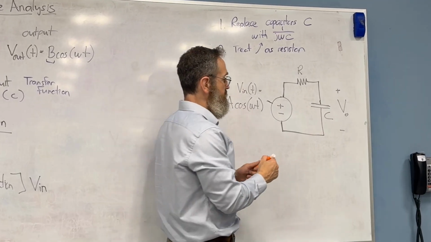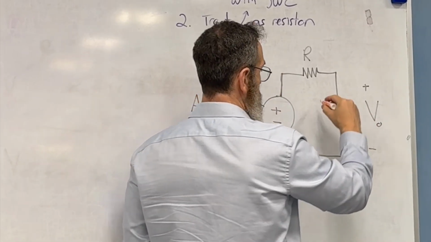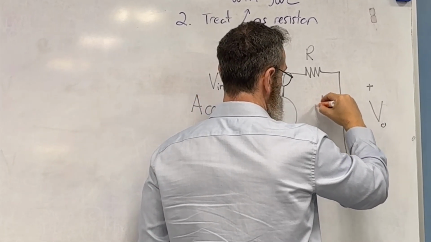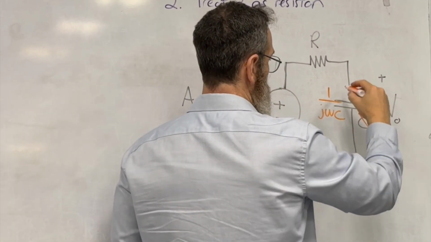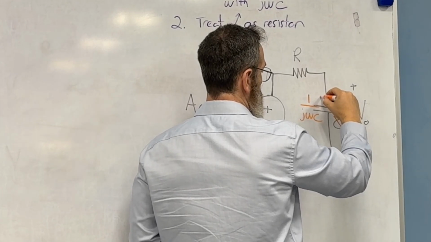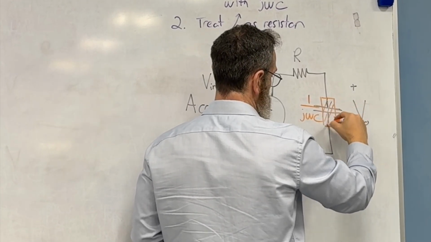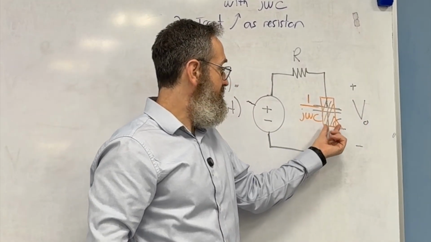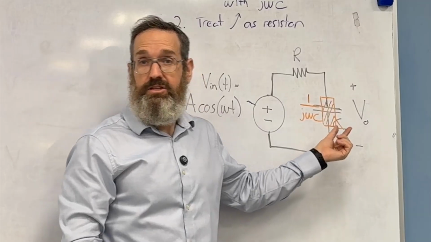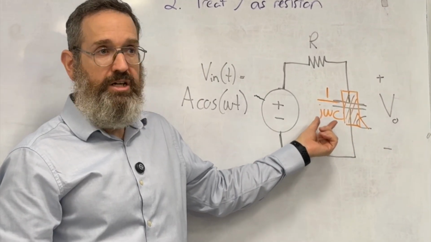Step one is, and I think it's useful, you literally cross this out and write 1 over JWC. And if it helps, put a box around this to remind you that now this is a resistor, and this resistor has the value 1 over JWC.